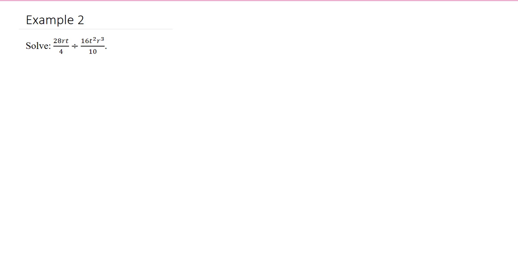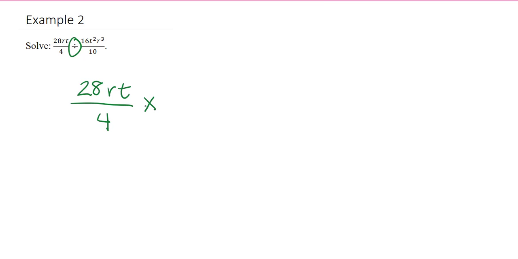Example 2, we're going to solve for the following. We have 28rt over 4 divided by 16t squared r to the third over 10. So, right, we have division, so let's make it multiplication because it's so much easier. We have 28rt over 4.